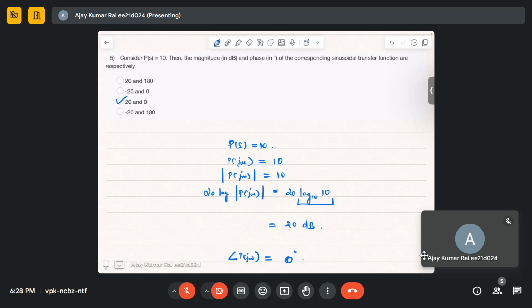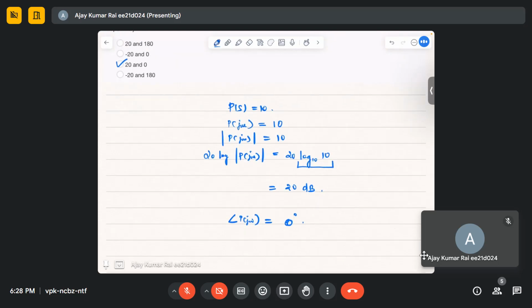Angle is 0 degrees. Can you please explain? I didn't understand. It's just a constant, right? If you have a constant, in Cartesian you can write a plus jb, any value like s equal to a plus jb. Here also we are taking a plus jb, but we are not taking a. To find the phase, let's find the angle for this.